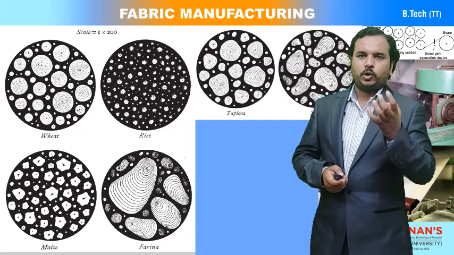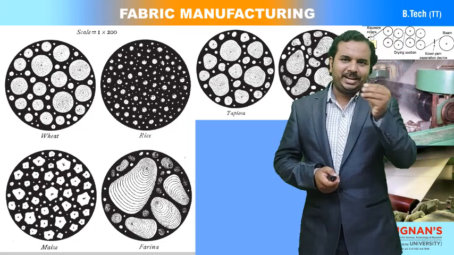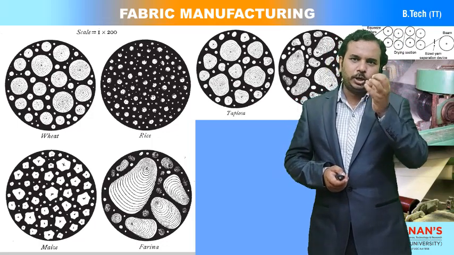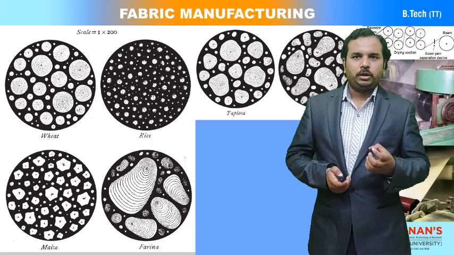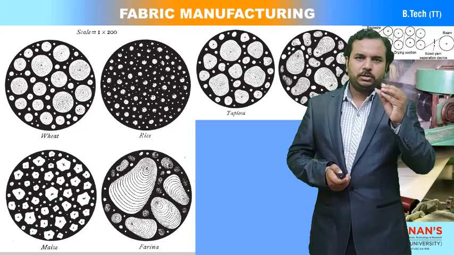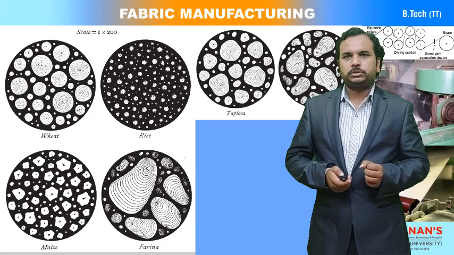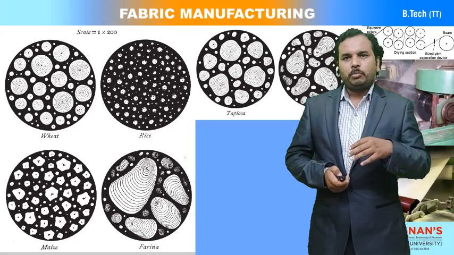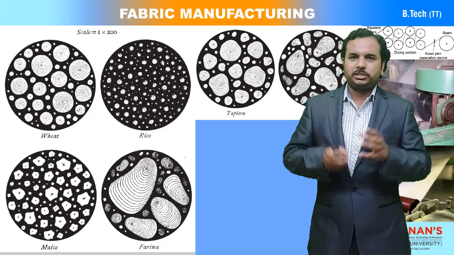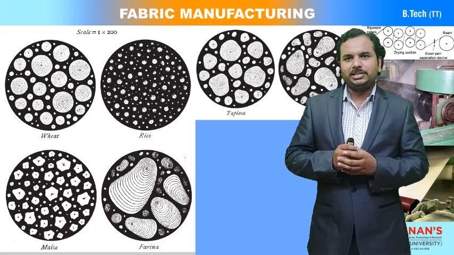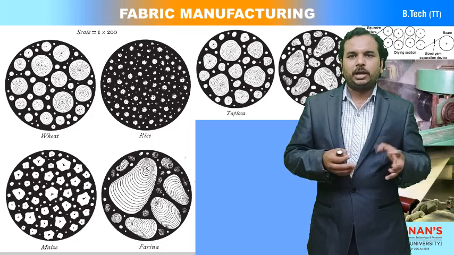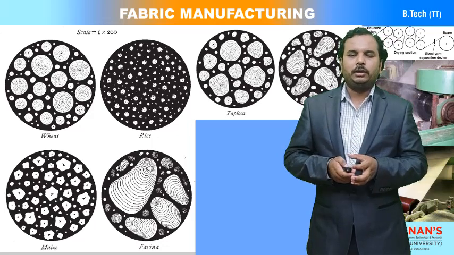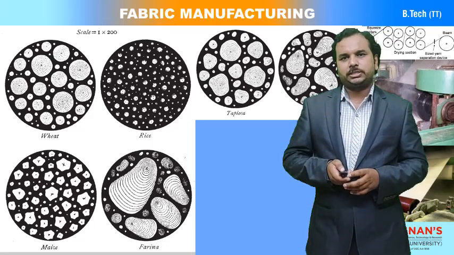You can see how these granules look; the scale is 1 to 200. After boiling, during size paste preparation, these granules are gelatinized. There is a process called gelatinization, in which the granules become gel form. We will discuss that in further classes.